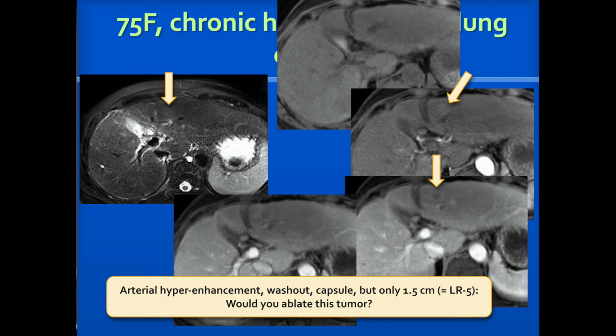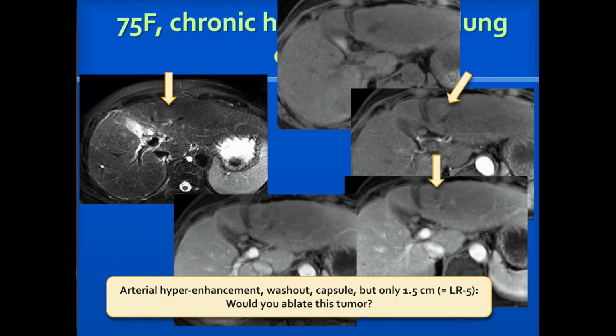And so if the patient is considered a transplant candidate, you want to avoid doing an ablation before the mass gets to be 2 centimeters in diameter. It's one of the paradoxes of the OPTN criteria and the liver transplant policy, but they don't like to make a definitive diagnosis of HCC in a single mass unless it's at least 2 centimeters in size, mainly because of the decreased reliability of imaging in lesions that are progressively smaller.